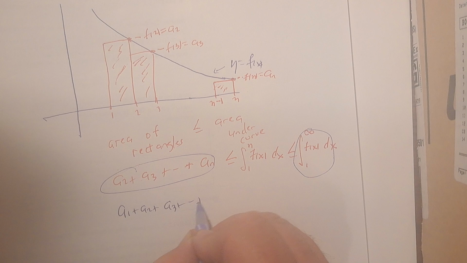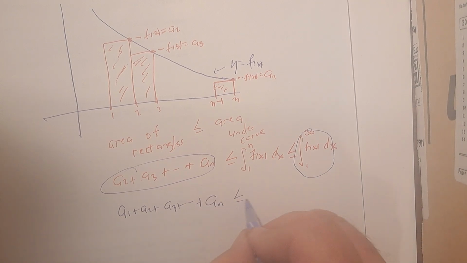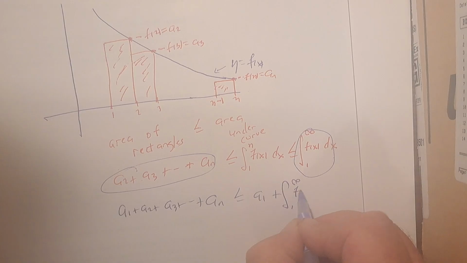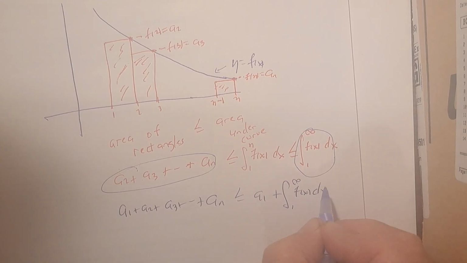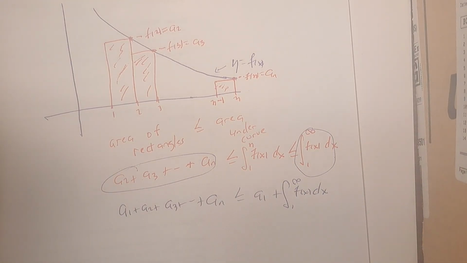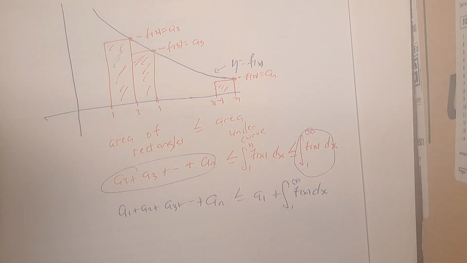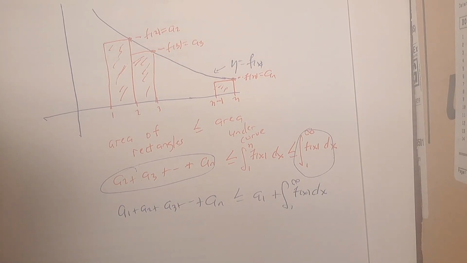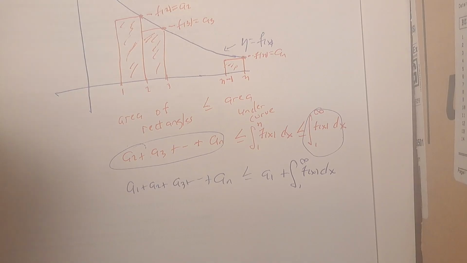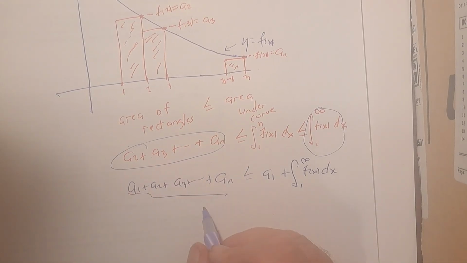Mathematically, it wouldn't make any difference. It just makes it look nicer. A sub 1 is just a number. Add it on to something else, it's just going to be some other number, and if it was infinity, add that number on, it's still infinity. So it doesn't do much except make the calculations look nice, because then this is the nth partial sum.